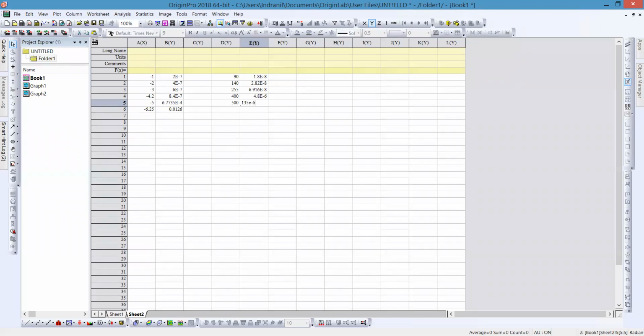Okay. 600 millivolt, 703.45 microamps. Okay, good.